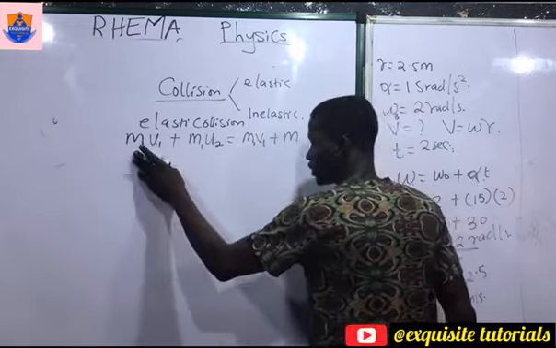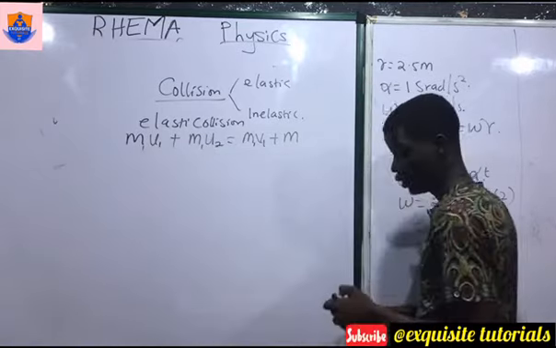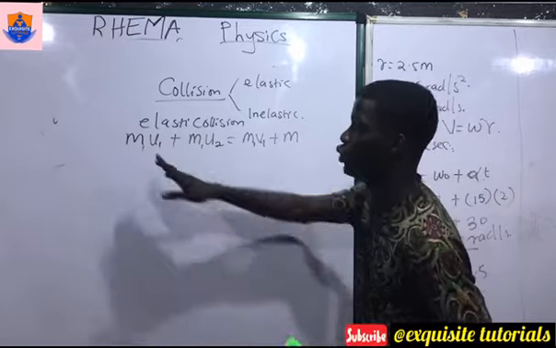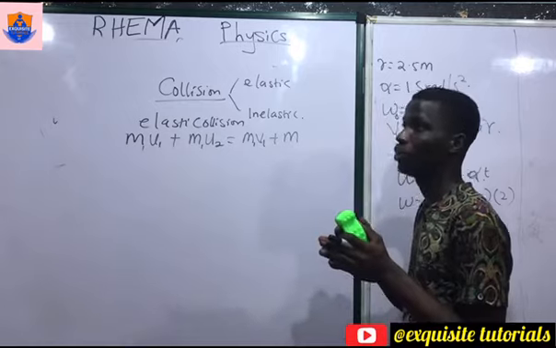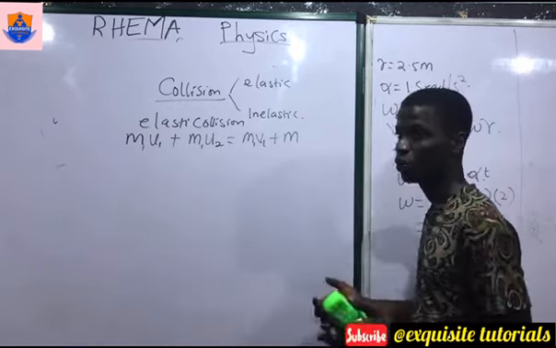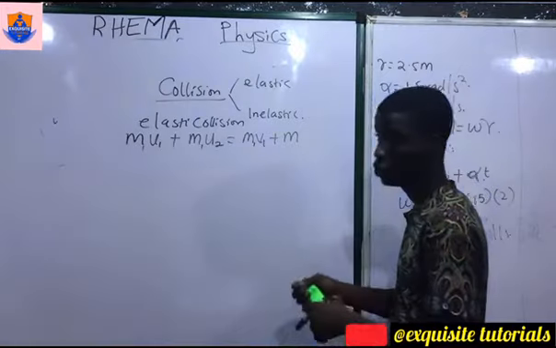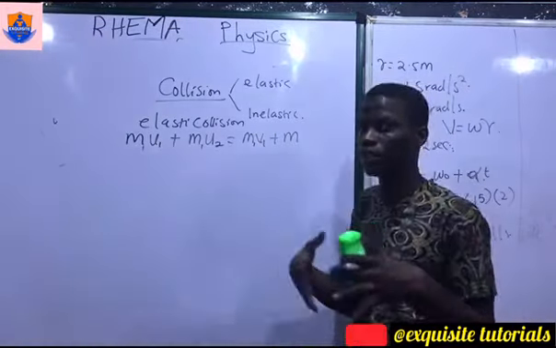This is for the first mass, its first initial velocity, and so on. Collision has to do with two objects, two bodies meeting together. I don't think anybody has to do it with more than two, three or four. There are also collisions with more bodies, but those are more complex cases. It can be u1, u2, u3, u4, four bodies, six bodies, it depends.